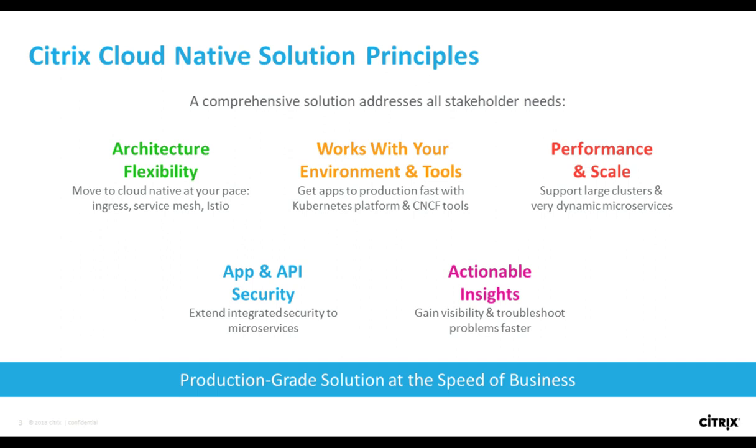And does it give you the right tools to troubleshoot problems faster and gain visibility into a microservices application delivery environment? And across these five, two other characteristics are very, very critical: production-grade solution and addressing the needs of multiple stakeholders, which we are going to talk about pretty quickly in the upcoming slides.